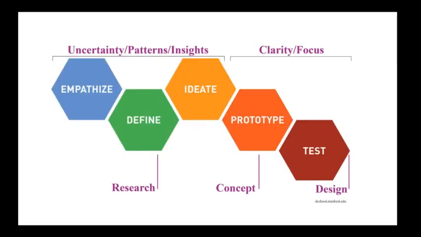The Stanford D School, a lot of people might be familiar with this particular type of diagram, is looking at a way to bring it into a simplified version. It decodes it into empathy, how you define the problem, which becomes part of that research.